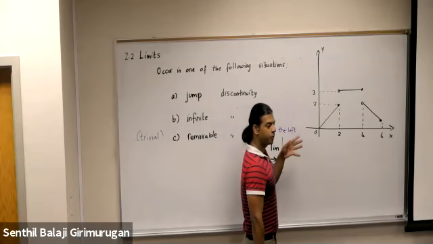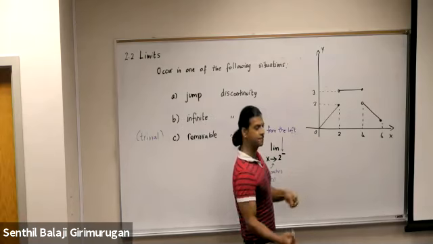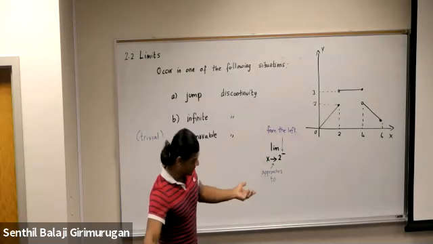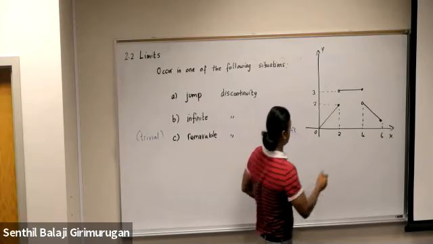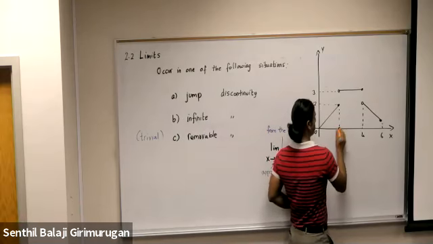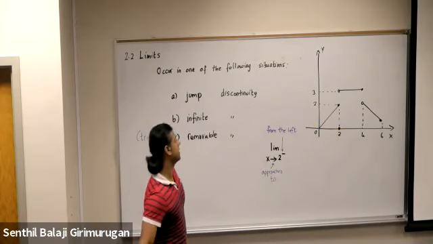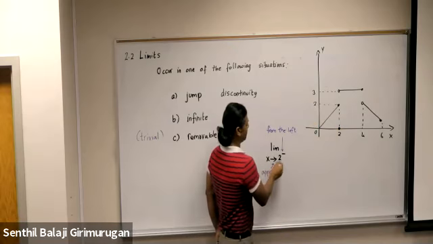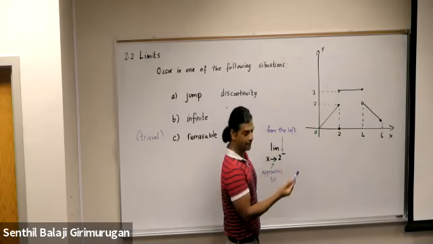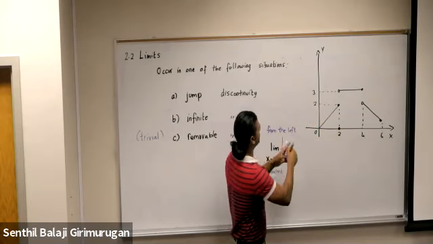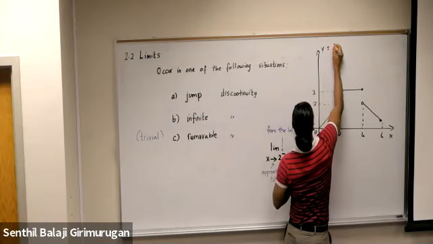So I'm going to approach 2 from the left, then from the right. First, I'd like to know what would happen from the left. Note that we are saying x is approaching 2 from the left. I'll call that function f of x.